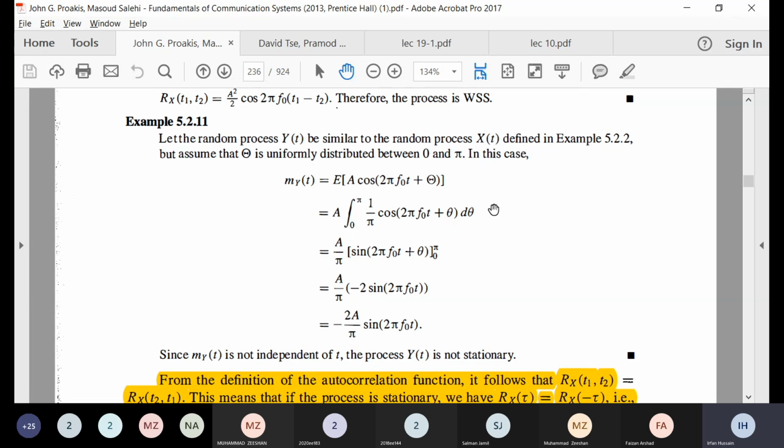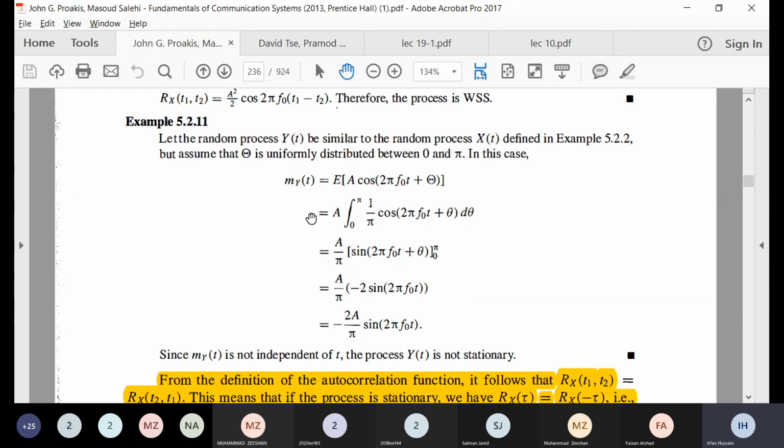But now you can see this integral will not be 0. Why? Because you are not integrating over the whole time period of cos. You are integrating over half of the time period of cos. It will not be 0. You might be integrating over the positive or the negative value. You won't get a 0. For 0, you have to integrate for the whole period.